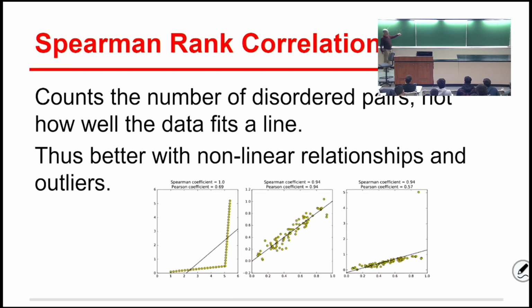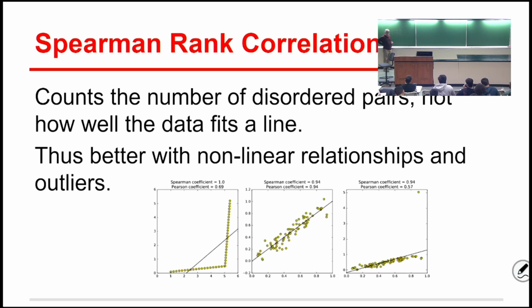If there is a positive relationship between X and Y, it should be bigger than 17, right? If this is height and weight, this person is taller than that person, so this person should weigh more.